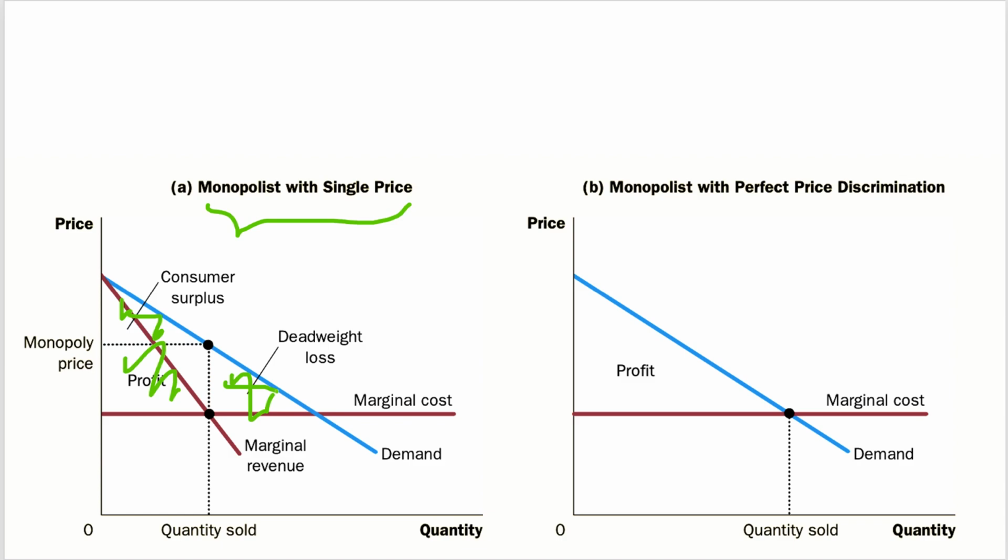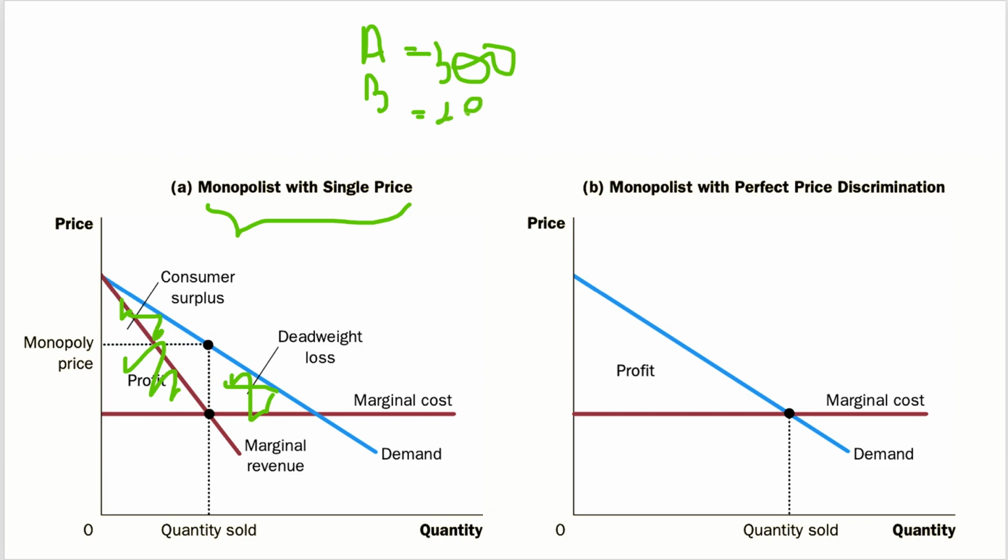But if the monopolist knows that different consumers can pay different prices, for example Mr. A, they know that he can pay 300, and B can pay 200 dollars.